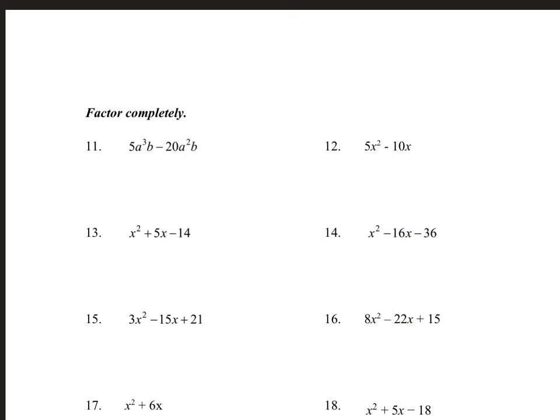Okay guys, so now we are on the last page of this review. For these first two questions and also for some others throughout this page, we're just going to be factoring out the GCF, greatest common factor. So the greatest common factor for 11 is 5a squared b.